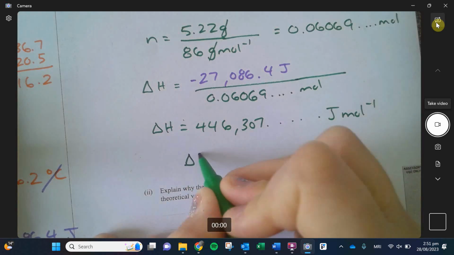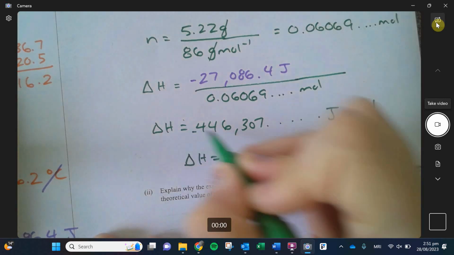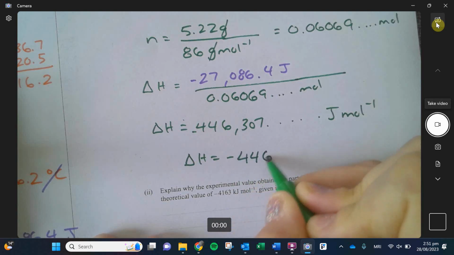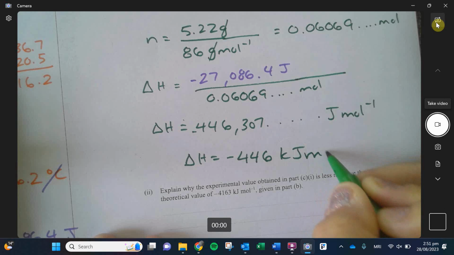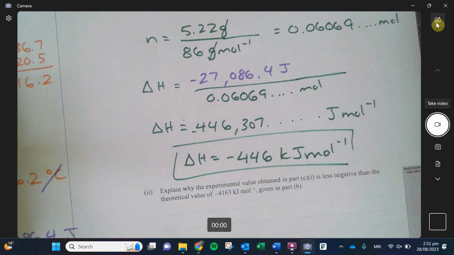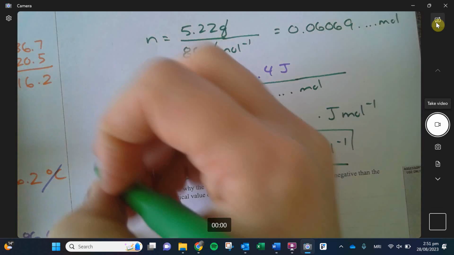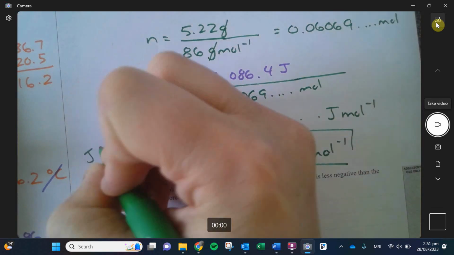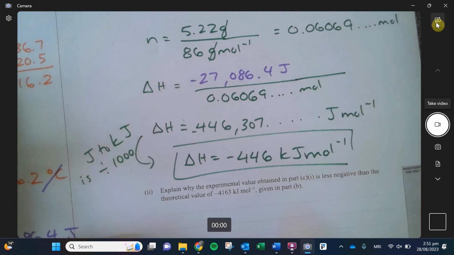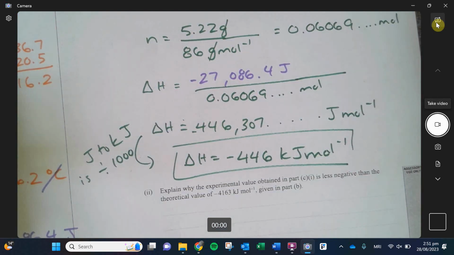I would get my delta H equals, should have my negative sign, negative 446 kilojoules per mole as my final answer. So joules to kilojoules is divided by 1,000. And that's that one.